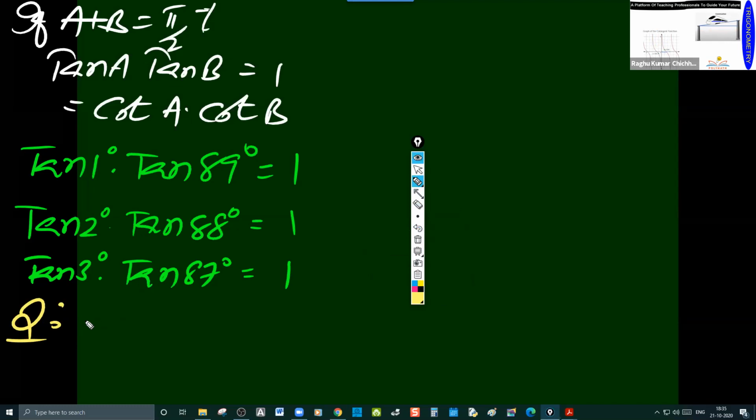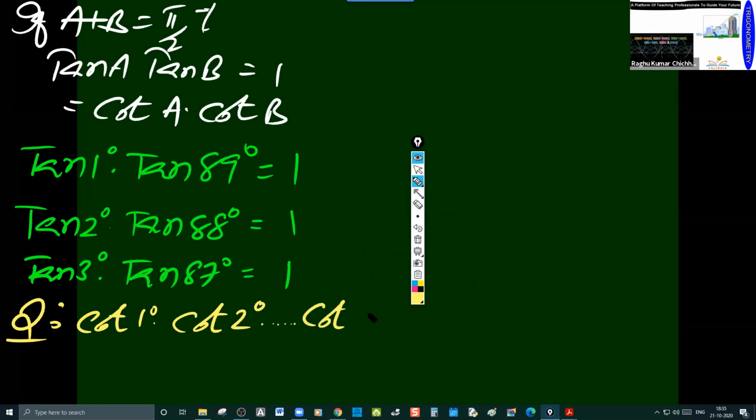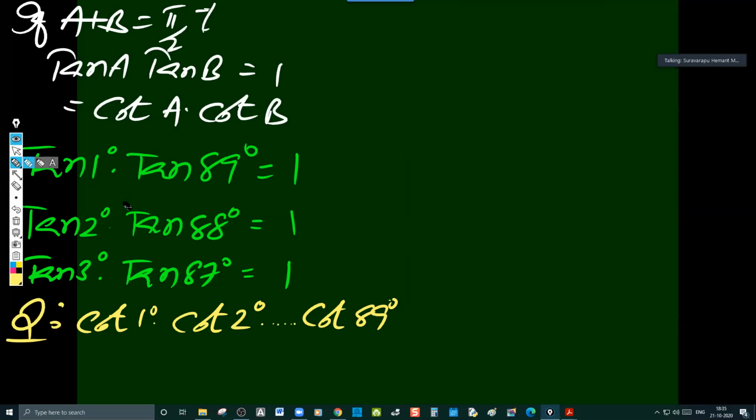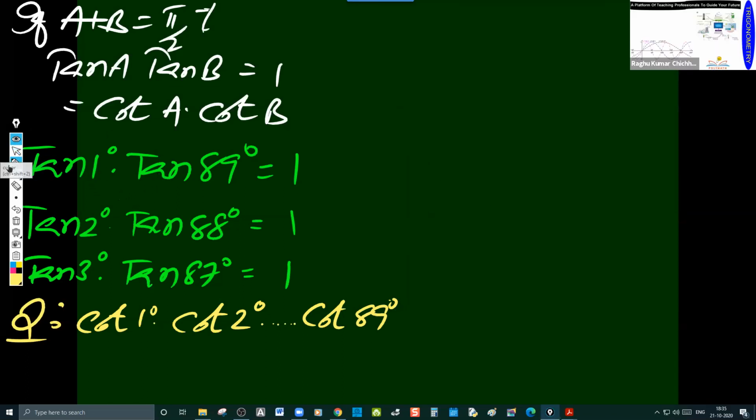Cot 1 degree, cot 2 degrees, and so on, cot 89 degrees. And so on means all the terms in between will be there. I expect the answer from you. You need not even put your pen on the paper. 44 plus 1 by 2, 89 by 2. Think and tell me, Bhavi.